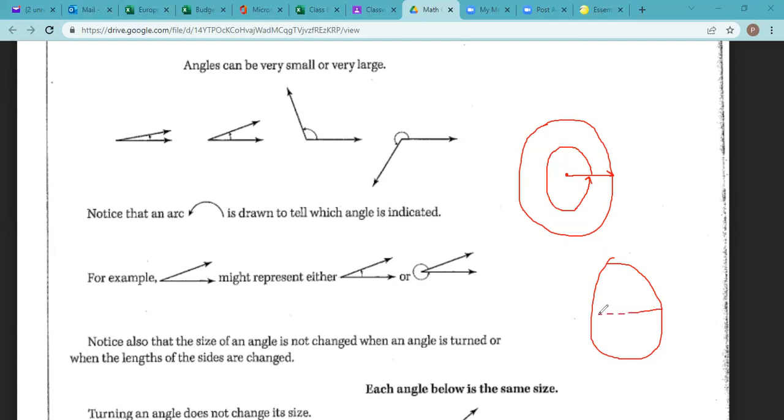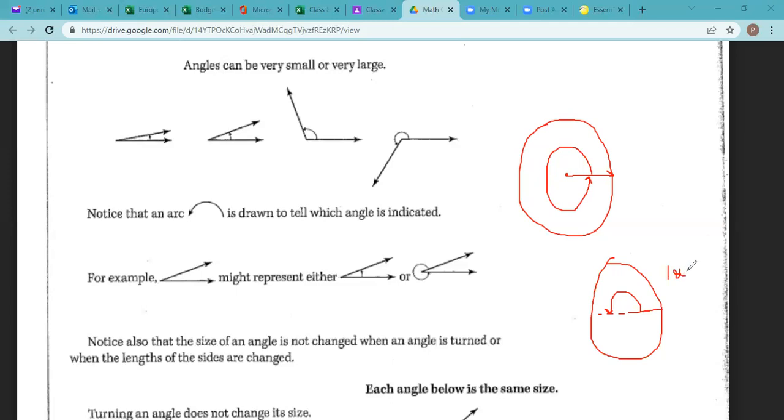What if I made just a half of a rotation? A half, I went around this circle just halfway. And we'd say to ourselves, okay, how many degrees would be half of 360 degrees? And of course, that would be 180 degrees.